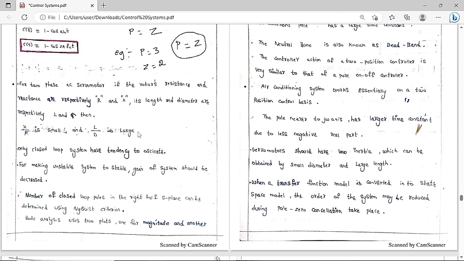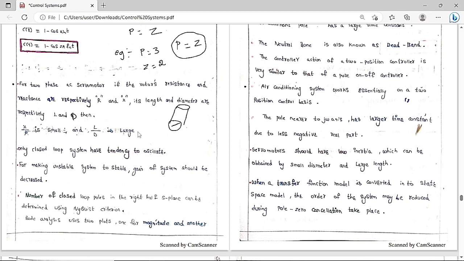Listen carefully to this concept. So basically, in the case of AC servo motor, here diameter is very small, but the length is very large. I've already told you this important point.